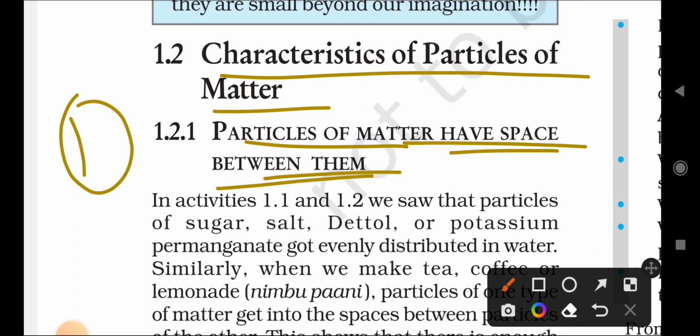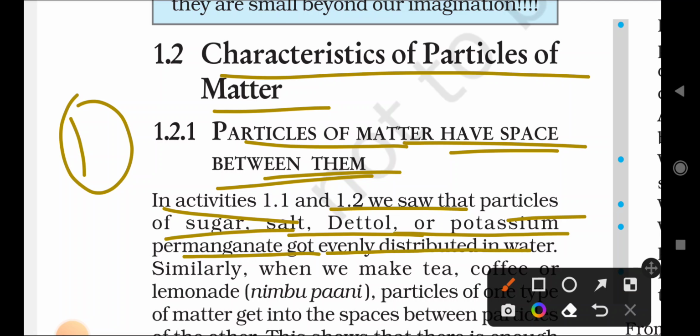In activities 1.1 and 1.2 we saw that particles of sugar, salt, Dettol or potassium permanganate got evenly distributed in water.